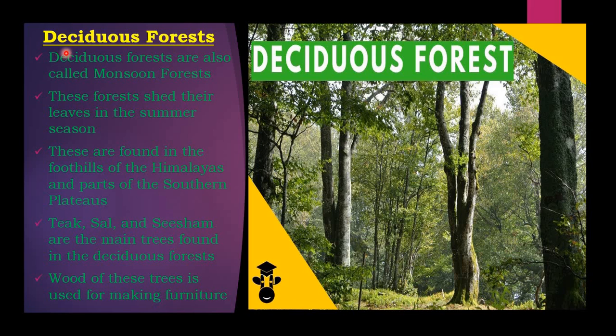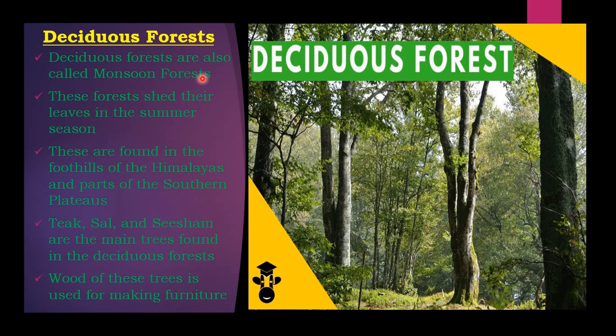See children, the first is that deciduous forests are also called monsoon forest. Monsoon forest in the sense, in the previous point we saw the evergreen trees. They remain always evergreen. They don't shed all their leaves at a time.